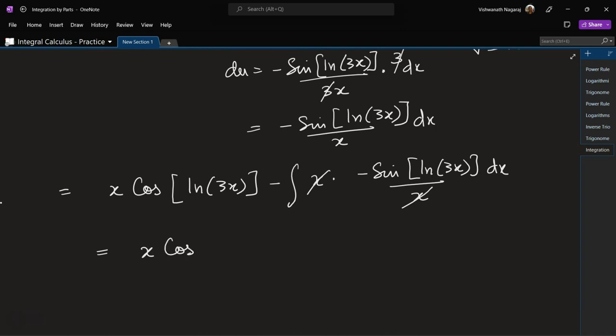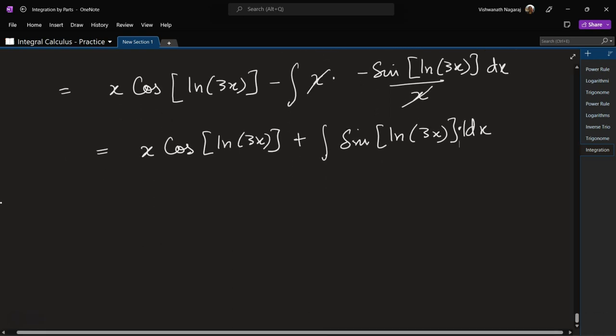So x cos natural log of 3x plus integral of sine of natural log of 3x dx times 1.